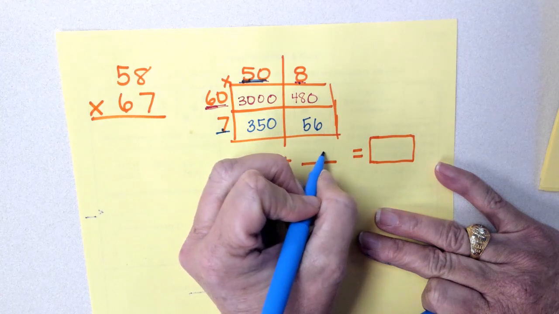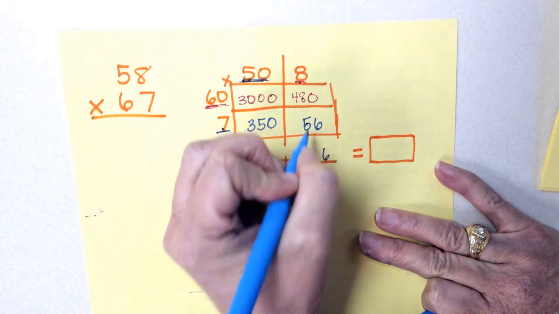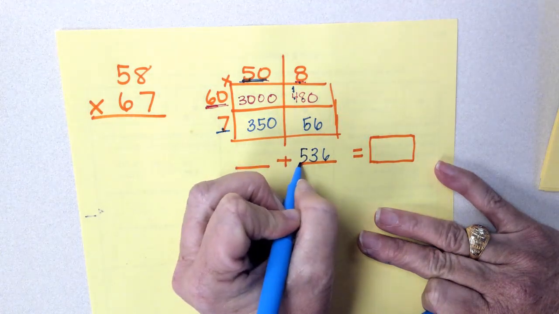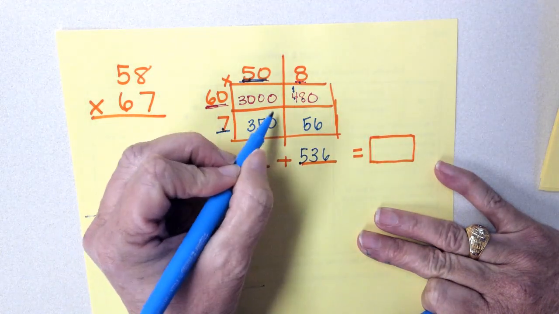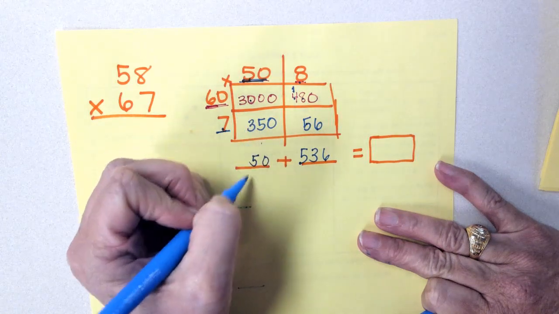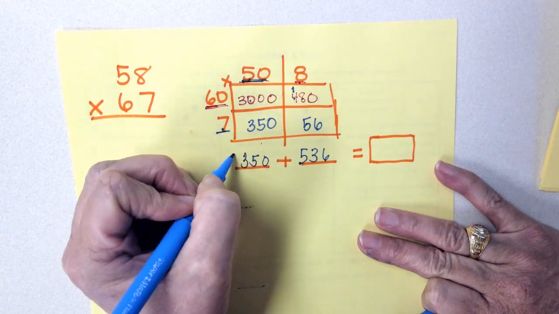So 0 and 6 is 6. 8 and 5 is 13. And 4 plus 1 is 5. I'm going to put this partial product together. So that's 0, 5, 3, and 3.